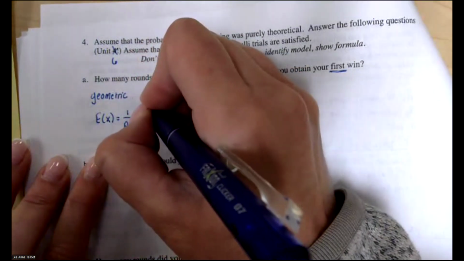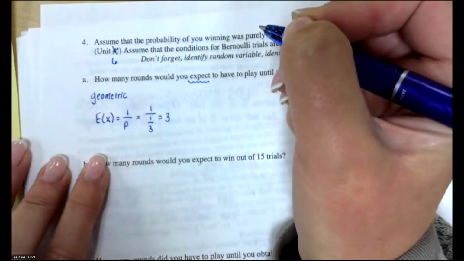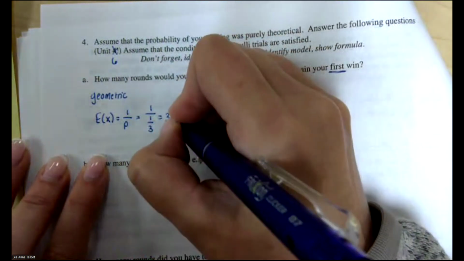That's a probability of a win. 1/3. So you would expect to have to play 3 rounds before you obtain your first win, on average over time. That makes sense, right? Just like common sense.